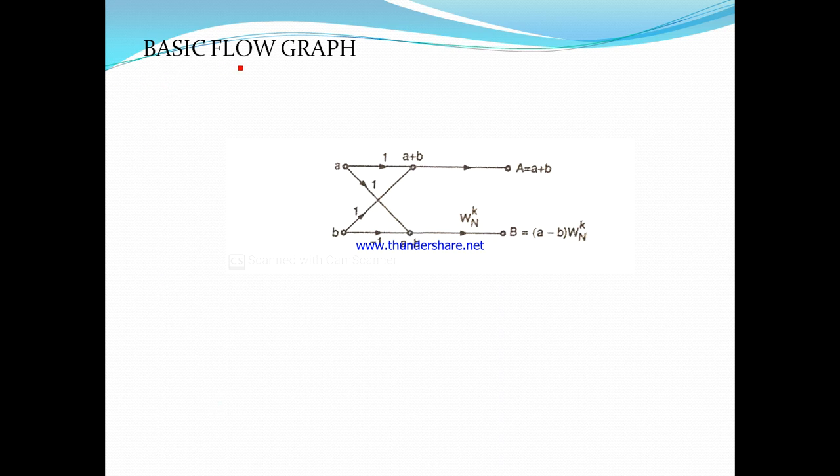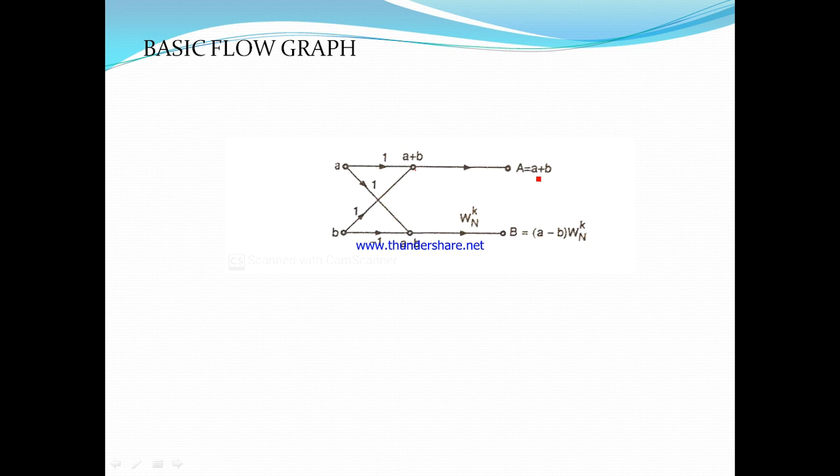This is the basic flow graph for the DIF FFT algorithm. Here we have two complex numbers a and b. It receives signal a and signal b and adds them, so capital A equals a plus b.